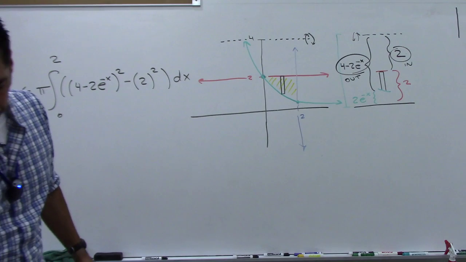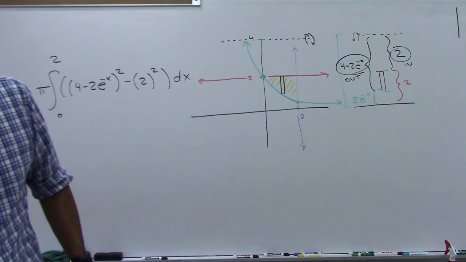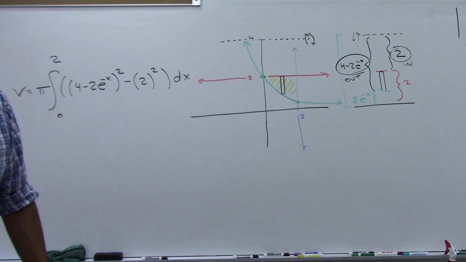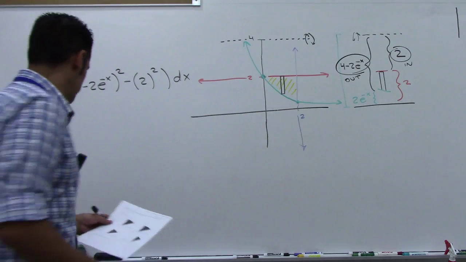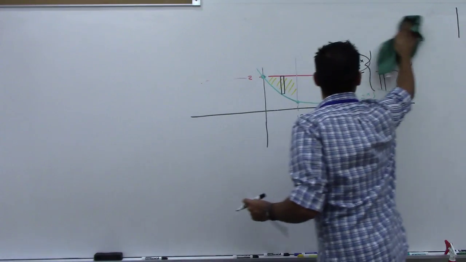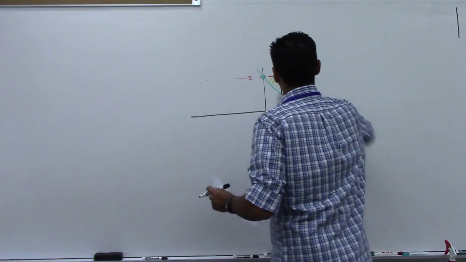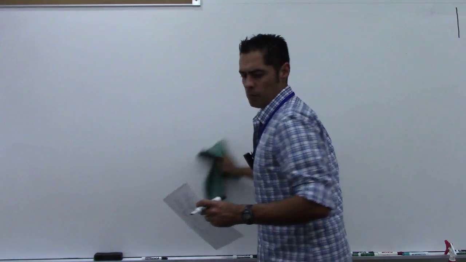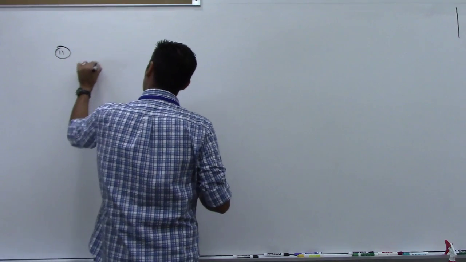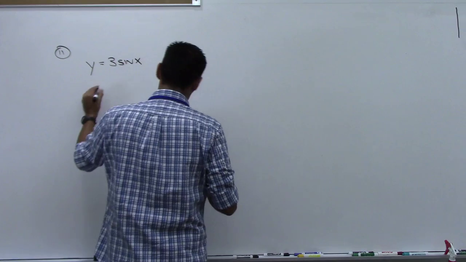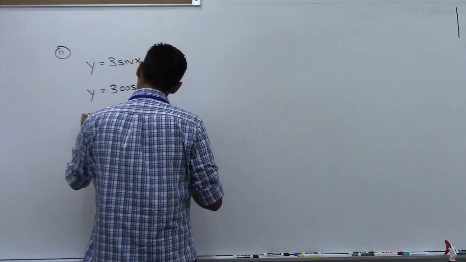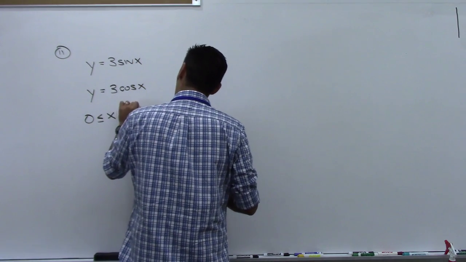What else? Okay, number 11. y equals 3 sine x, y equals 3 cosine x, 0 less than or equal to x, less than or equal to pi over 4.